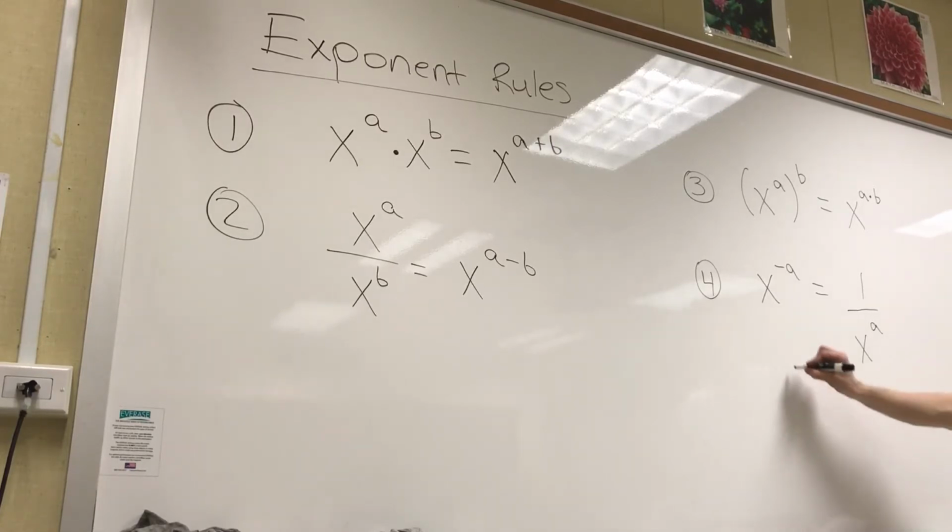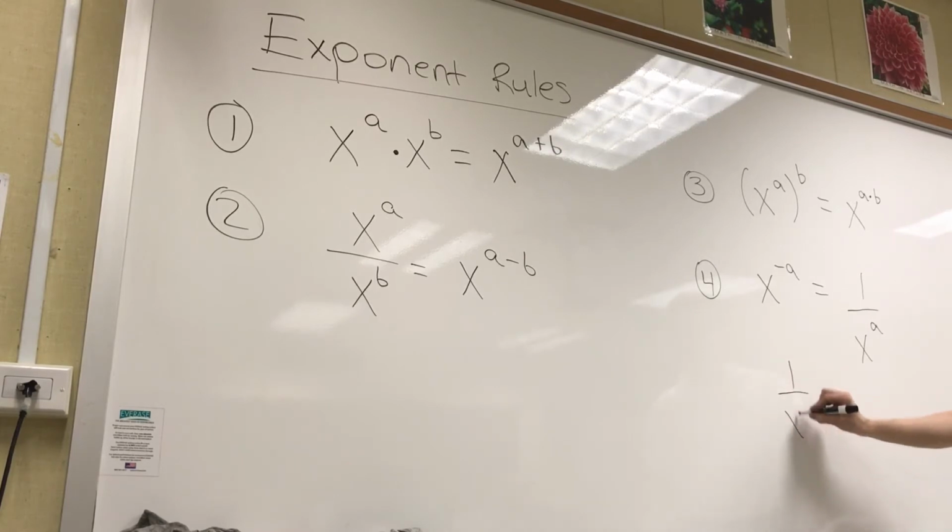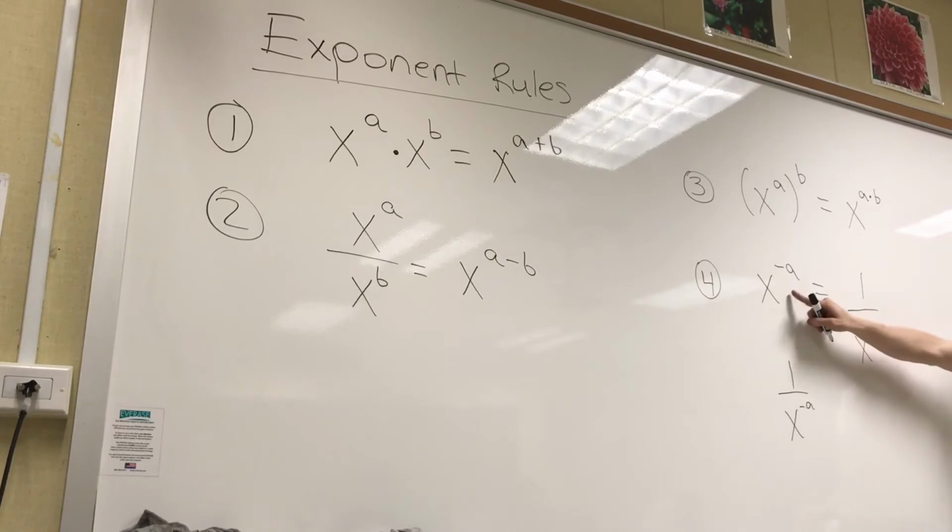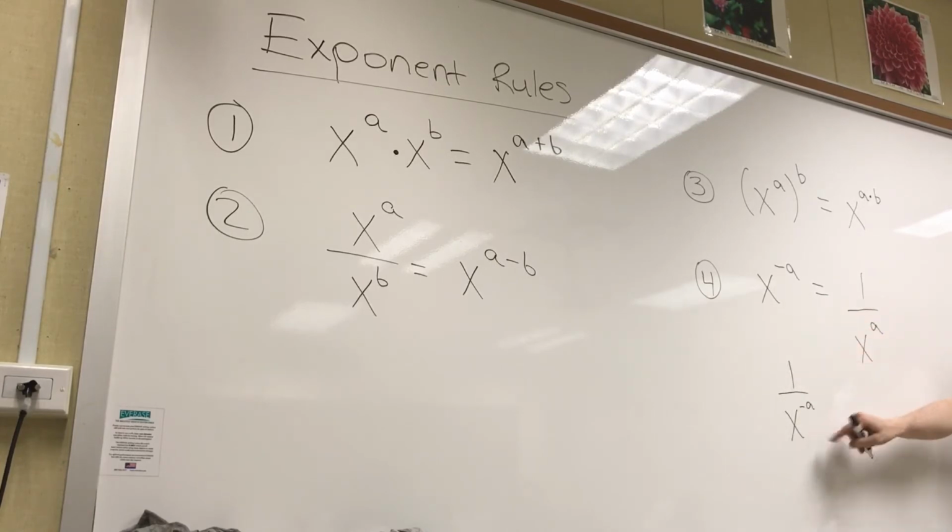Let me show you this. 1 over x to the negative a. So this time, instead of being on top, it's on the bottom now. All that happens is the x to the whatever goes to the top, and it's now going to be a positive. So this is x to the positive a on top.